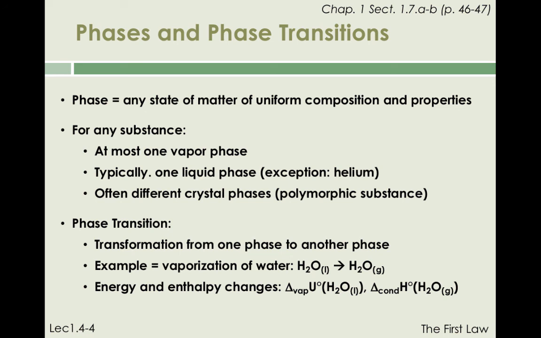The superscript zero is used to indicate we are referring to the value of delta U measured or calculated under standard conditions. We will also talk about delta_cond H standard for H2O vapor, where the subscript cond refers to the condensation, the transformation of a substance from the vapor state to the liquid state.